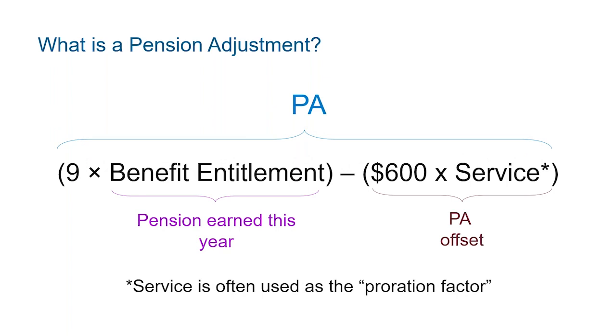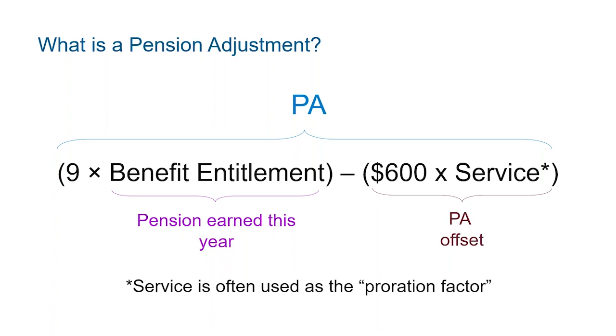Generally, PA formulas are pretty similar, but they can differ slightly based on the type of pension plan. The 9 is standard and is set out in the Income Tax Act, so that never changes. The benefit entitlement represents the pension the member earned in the tax year. The $600 PA offset is also standard and acts to reduce the total PA amount, meaning it would take up less RSP room.